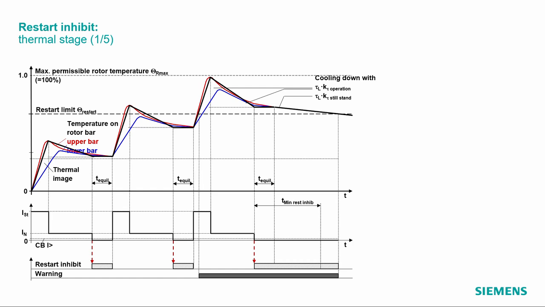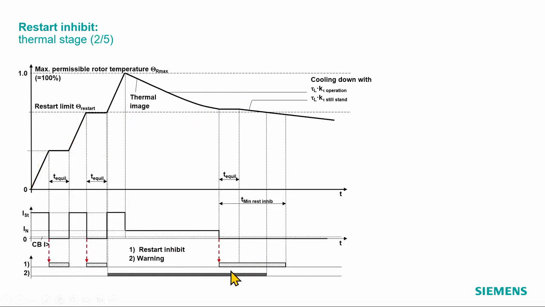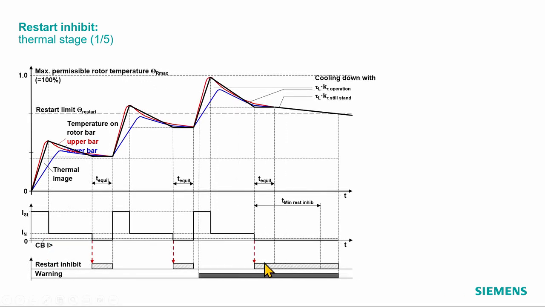So the state standstill of the motor is the trigger that we give this restart inhibit signal. And this restart inhibit signal lasts as long as I'm above that temperature and the motor is at standstill. Since this blocks the starting, this will remain until the temperature goes down.